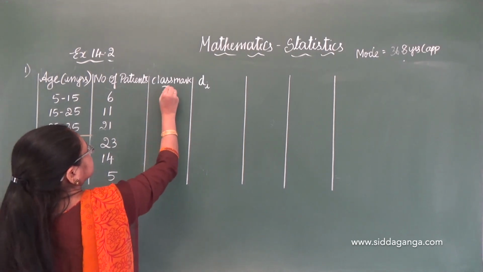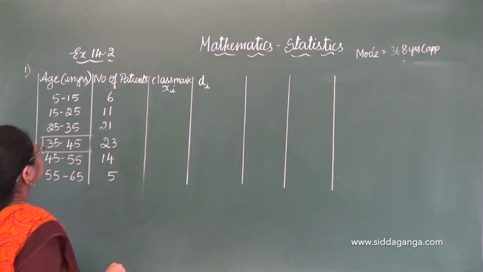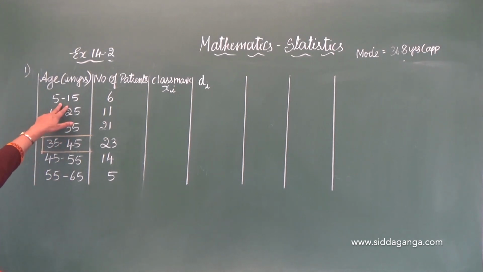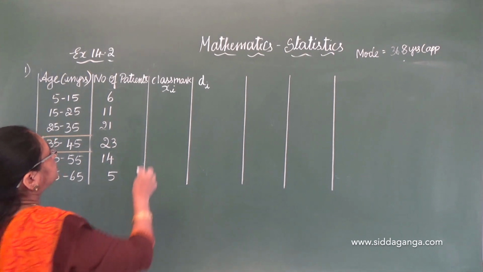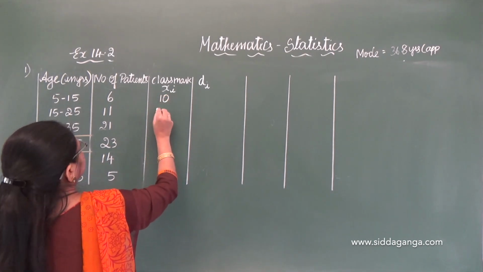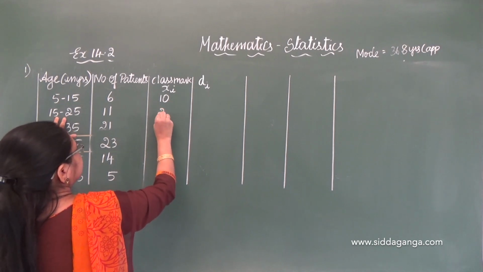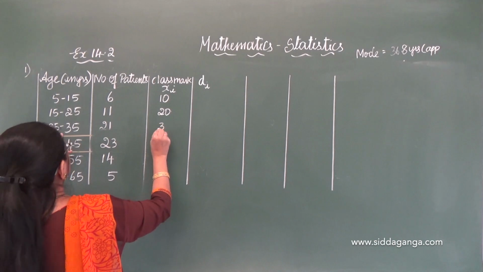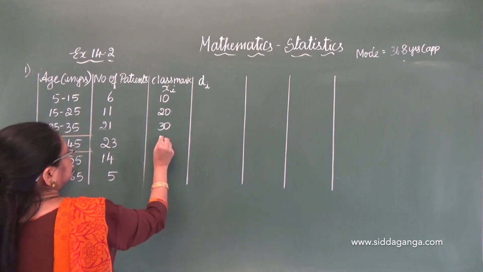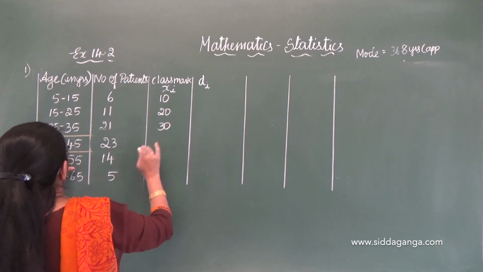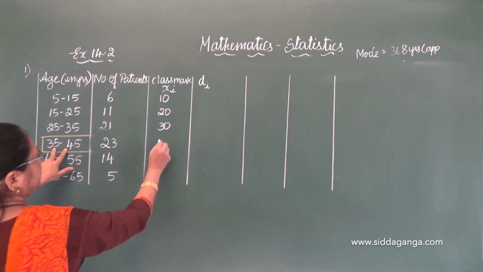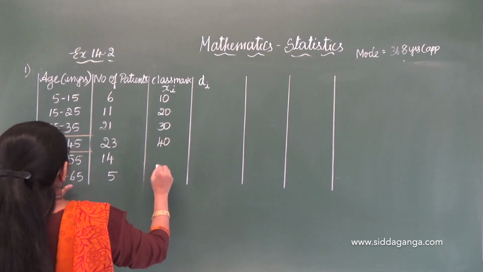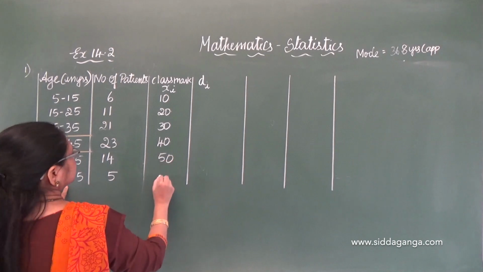Class mark, the middle term: 10, 20, 30, 40, 50, 60.